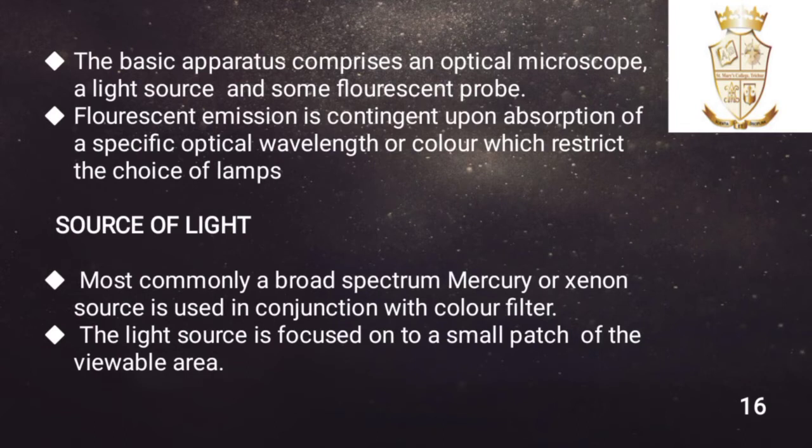Then the source of light. Most commonly a broad spectrum mercury xenon source is used in conjunction with color filters. The light source is focused onto a small patch of the viewable area.